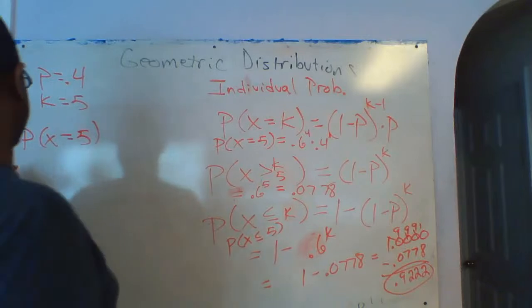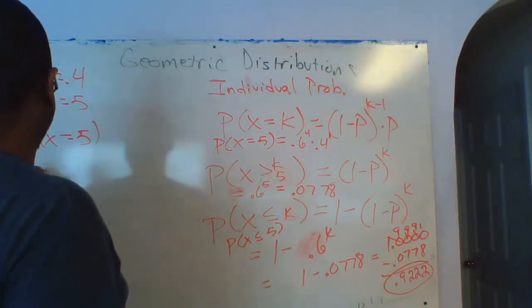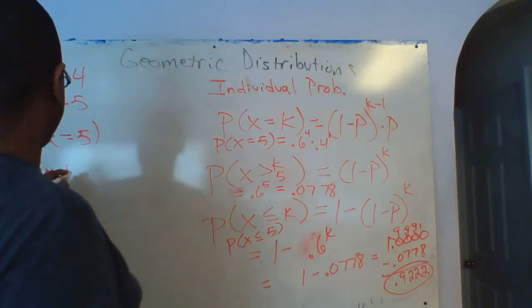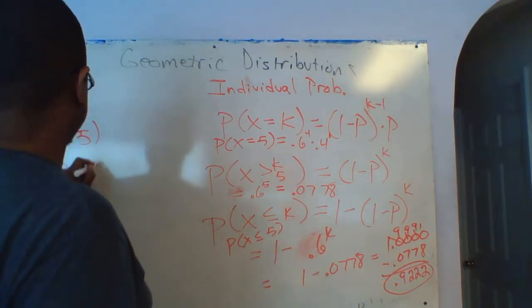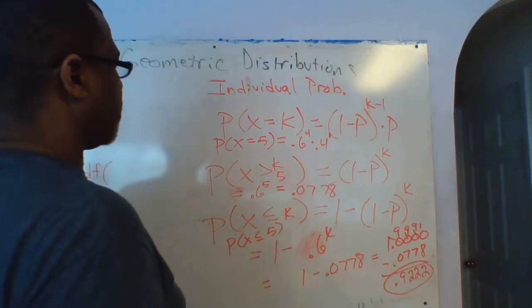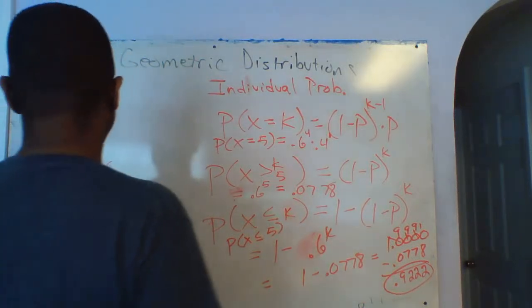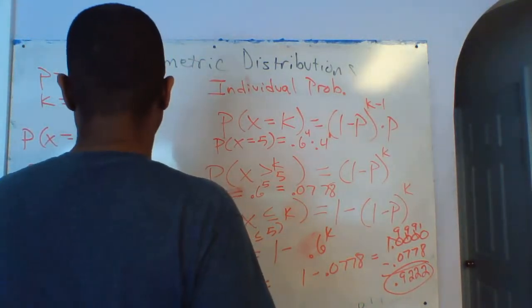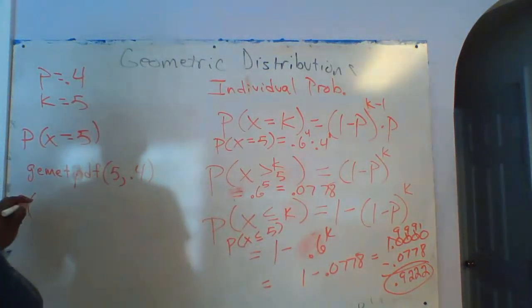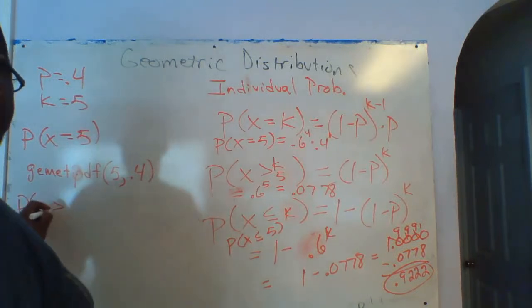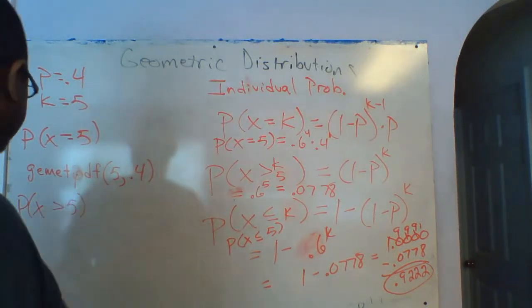You could do geometric PDF, comma, 5, and your probability is going to be 0.4. If you want the probability that X is greater than 5.